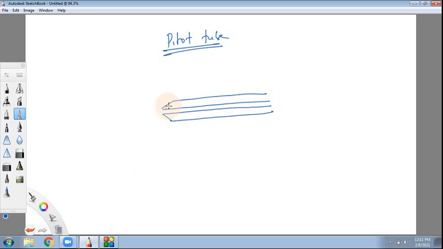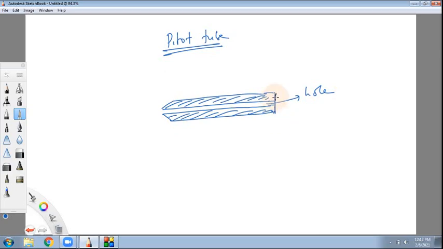This is all the material of the tube, and this is the hole which is passing through the tube. This is the hole, and it is a dead end, closed here.